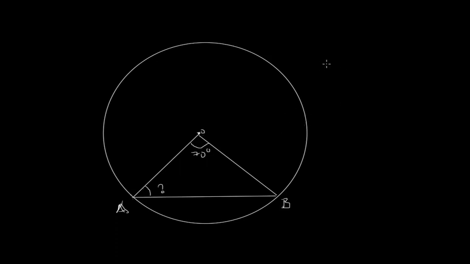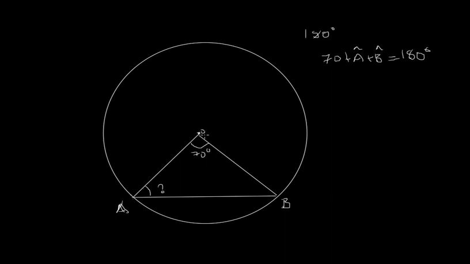We know that angles in a triangle should add up to 180 degrees, right? So we've got 70, so 70 plus angle A plus angle B should give us 180 degrees. Am I right? Yes.